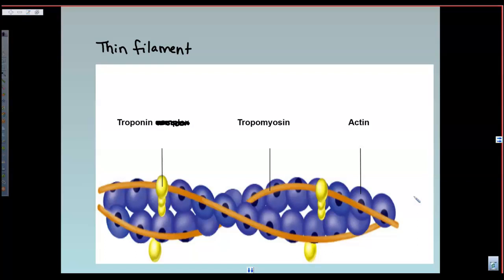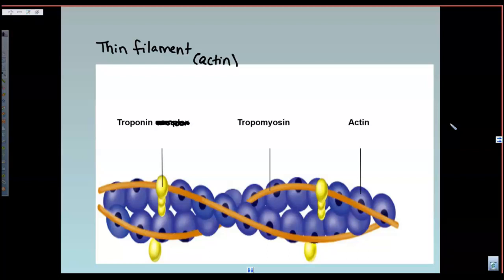So that's actin. So the reason we say the thin filament is actin is because it's mostly actin. You see, it's mostly actin. It does have troponin and tropomyosin as well. So it does have 3 things instead of just the one. But we say actin is the thin because it's mostly actin.